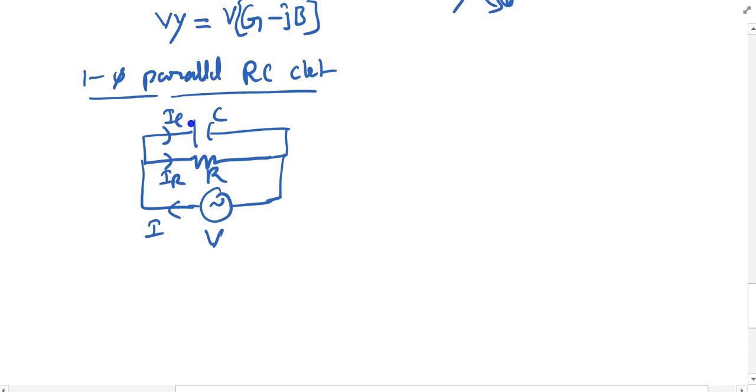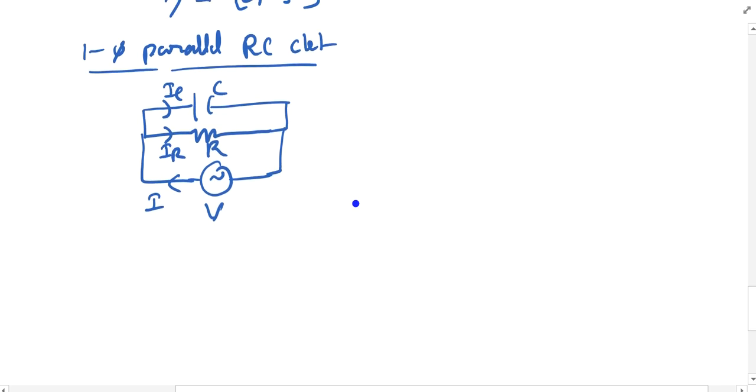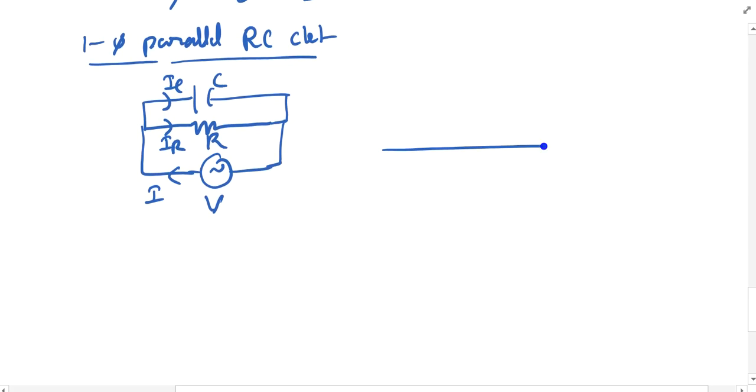Okay, then how will you write the concept here? If you take V as my reference, then this is my IR and this is my IC and this is my I.